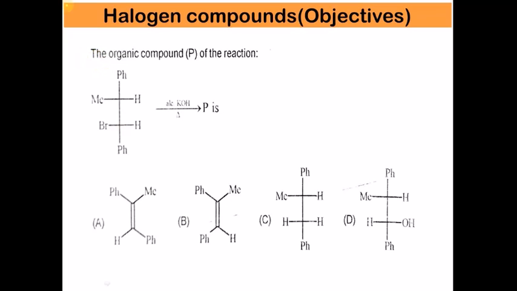Here we have an organic compound P given in the reaction. We have to find the product of the reaction in the presence of alcoholic KOH after heating. We know that dehydrohalogenation takes place. Once the hydrogen and halogen get removed like this, then you'll see a double bond between the carbons.